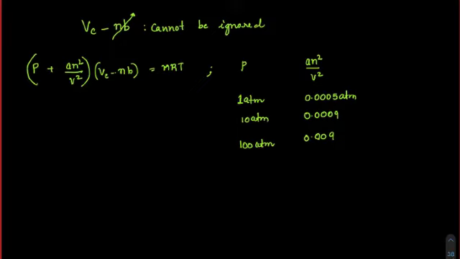So my point is 1 atm and this are still a little bit more comparable as compared to 100 atm and something like 0.001. That means the increase in this scale is much lesser than the increase in this scale. So this scale increases at a much faster rate as compared to the a n square by V square increase.